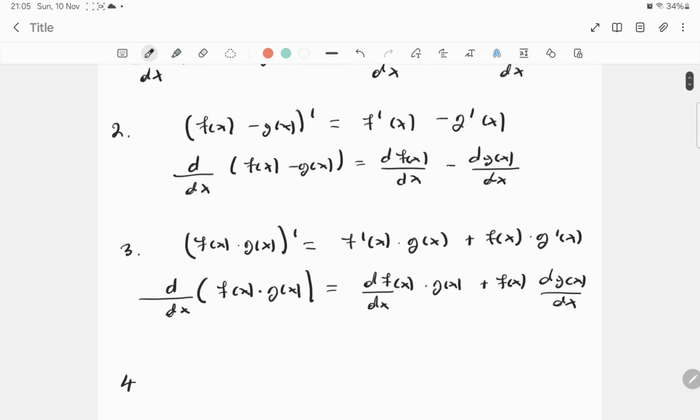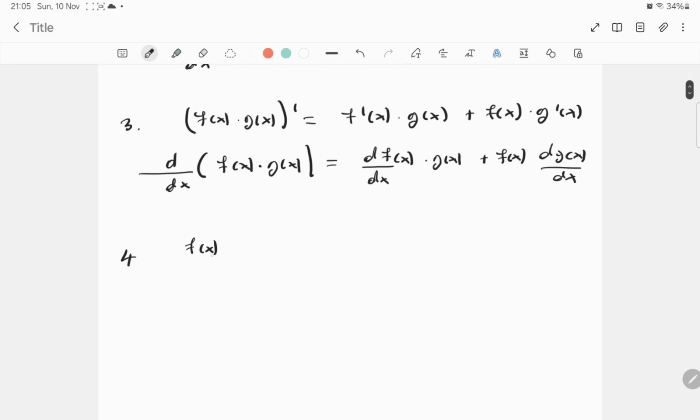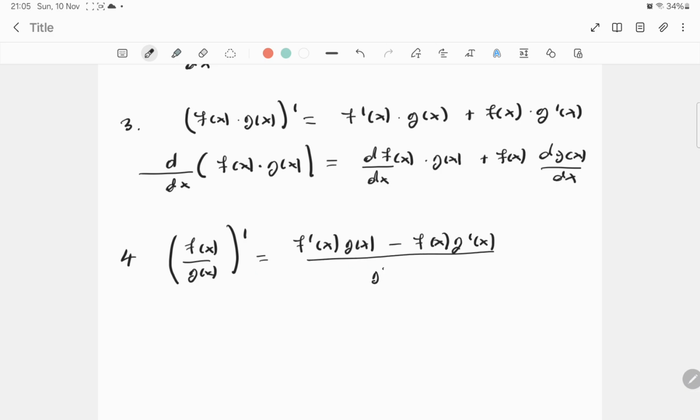Number 4. If I have the quotient f of x over g of x and I want to compute the derivative, I take the derivative of the first function times the second function, which is in the denominator, minus f of x g prime of x, over g squared of x.